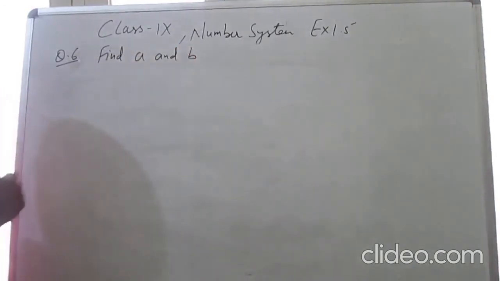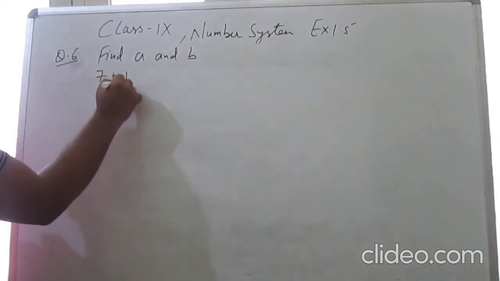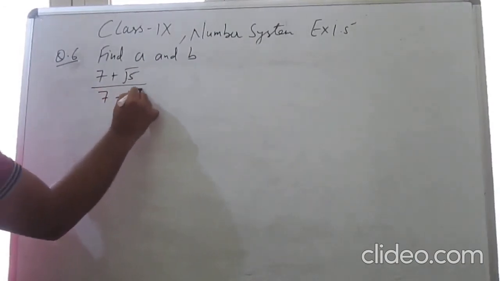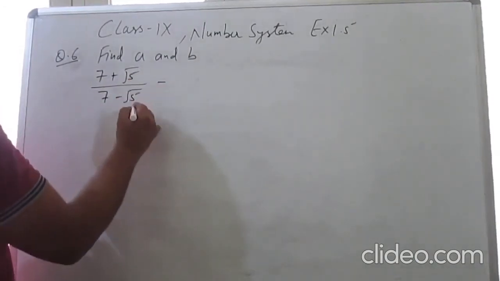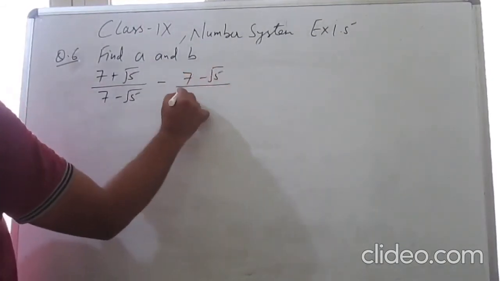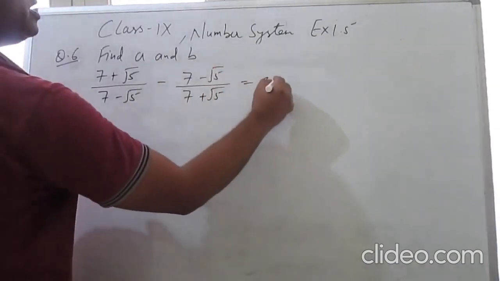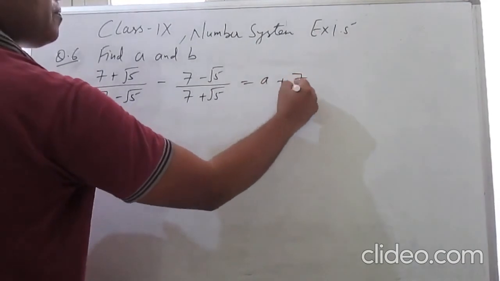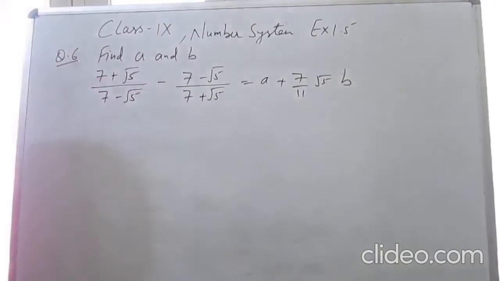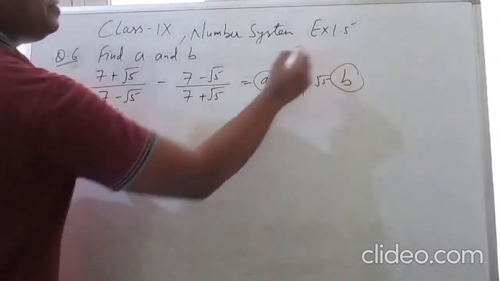The given question is 7 plus root 5 upon 7 minus root 5 minus 7 minus root 5 upon 7 plus root 5 is equal to a plus 7 upon 11 root 5 b. Now you have to find a and b.